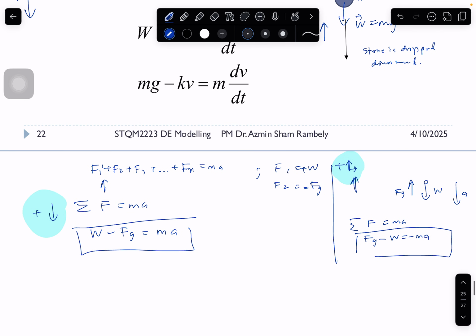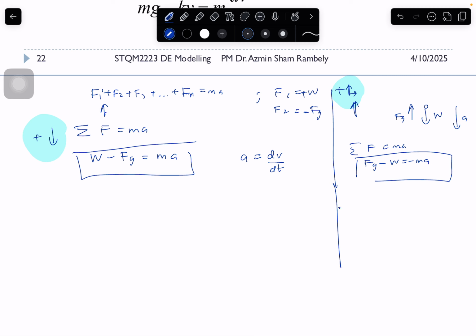So what is A? A is dv/dt, right? Again, we have a displacement x, and we derive x, we have v, so this is velocity.